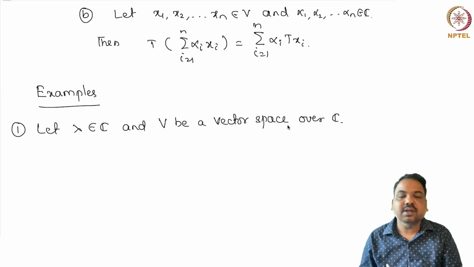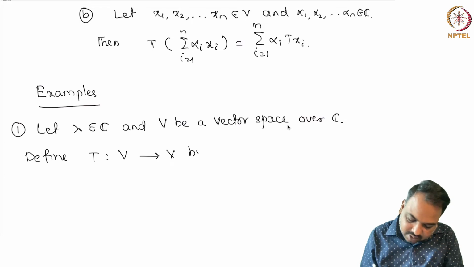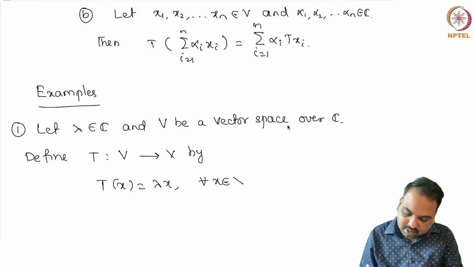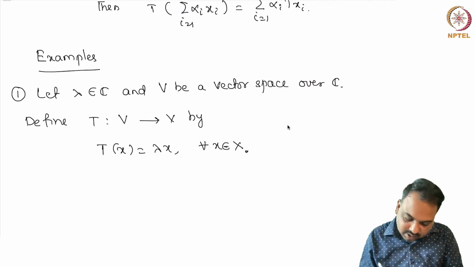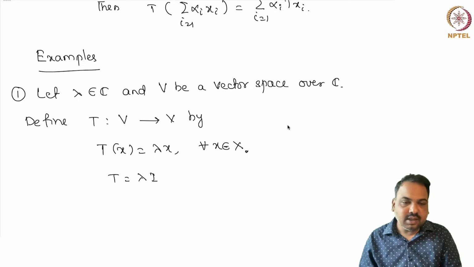All the time we take vector spaces over C only. So define T from V to V by T of x equal to lambda times x for every x in V, and lambda is fixed. So this is nothing but we can write this T as lambda times the identity operator. When lambda equal to 1, we will get the identity operator.